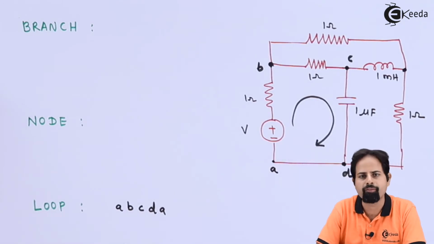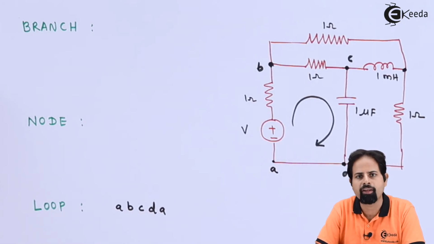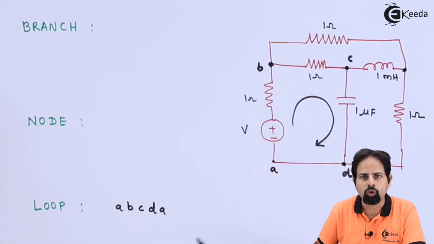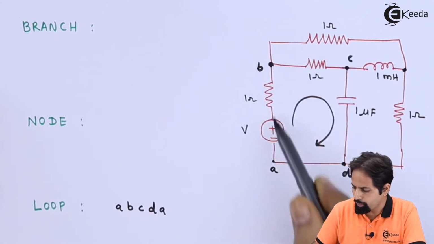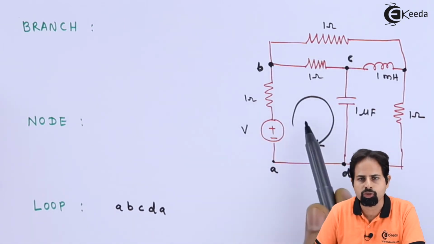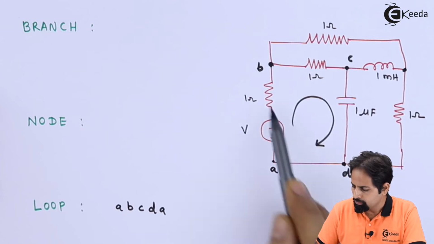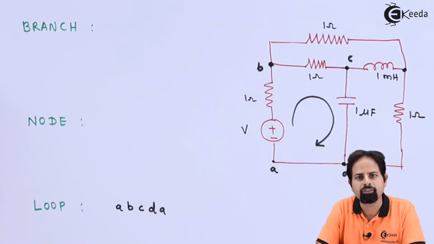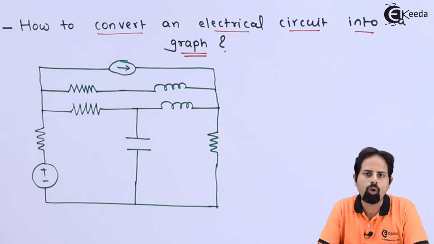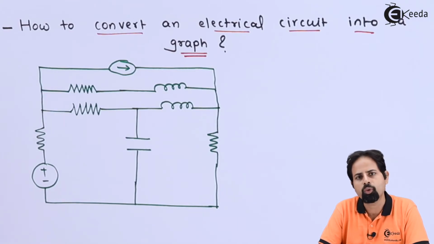As we have had a lot of practice while applying mesh analysis, this is called a loop. So a loop is when you start from one point and come back to the same point, so it is called a closed loop. These are the three basic parameters which we should know from basic circuit theory, and these are required in graph theory also. Now the important thing is how to convert a given circuit into a graph.